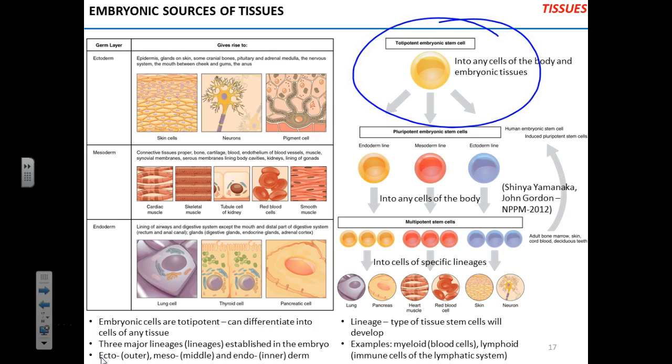These 2 words are differentiation and proliferation. Now you're going to tell me what these words mean. What does differentiation mean?